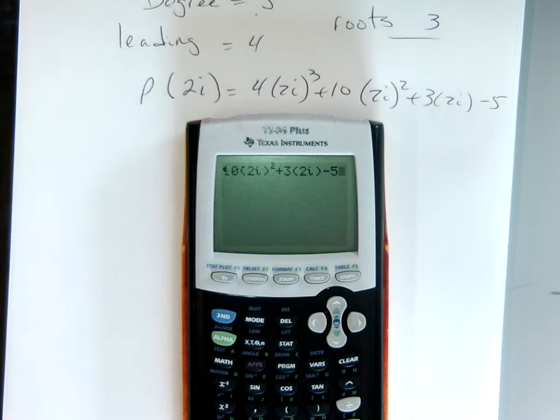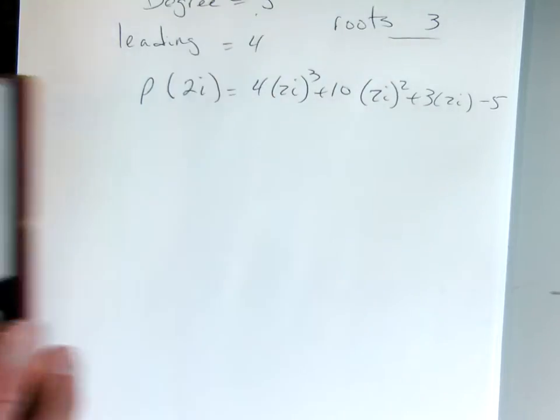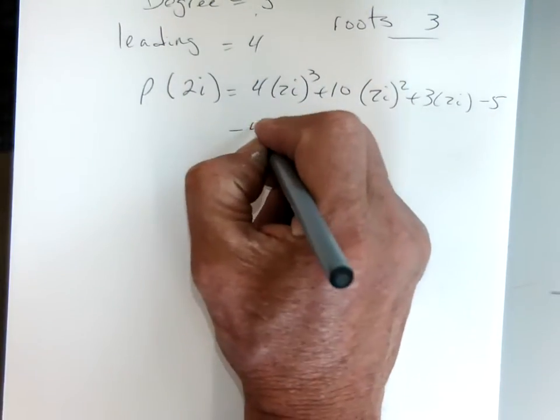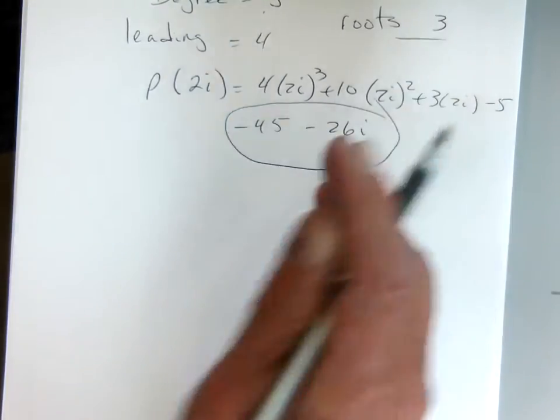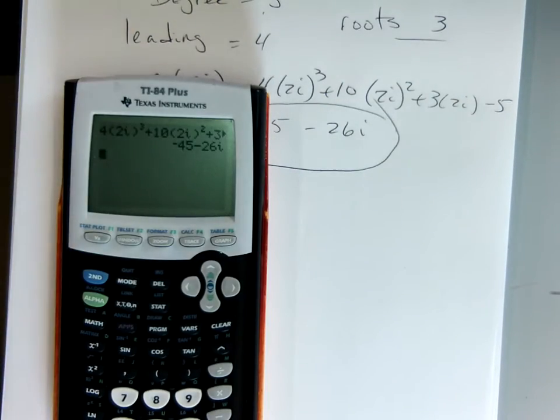Everybody find the i button? Makes it so much easier. It's down by the decimal point. I got negative 45, hold on, isn't it minus 26i? Awesome.